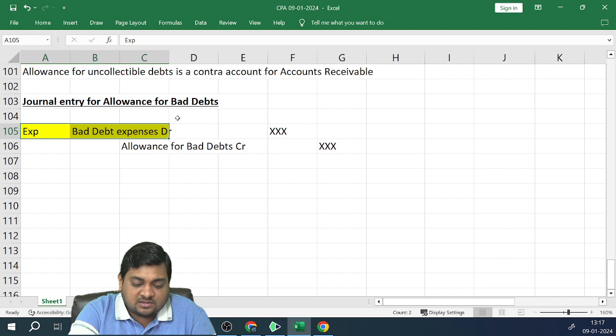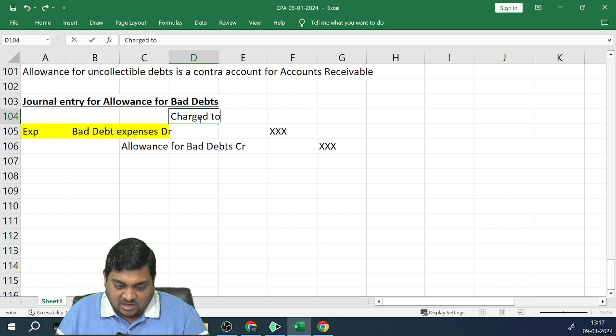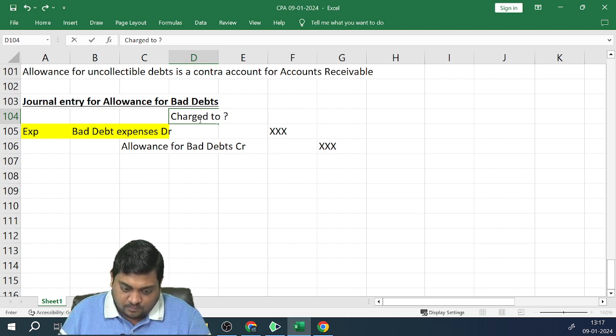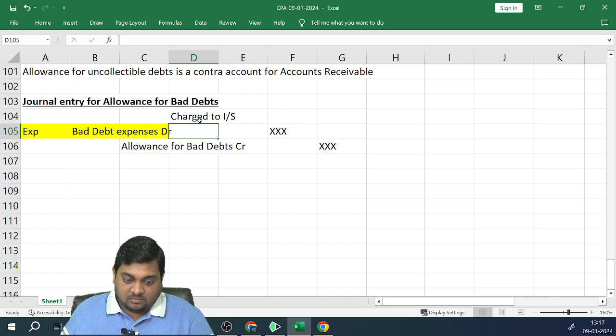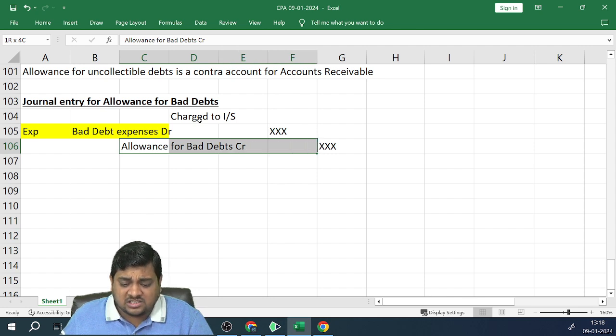This is charge to income statement. And you can see that I haven't reduced my accounts receivable.